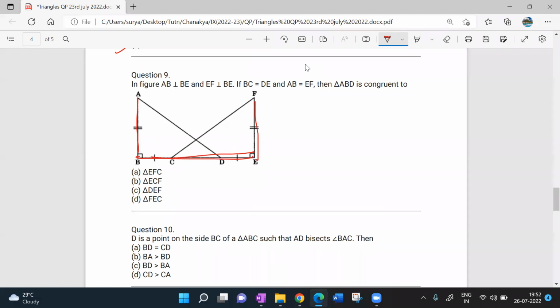BC is equal to DE. AB is equal to EF. Very easy question. Triangle ABD is congruent to FEC.